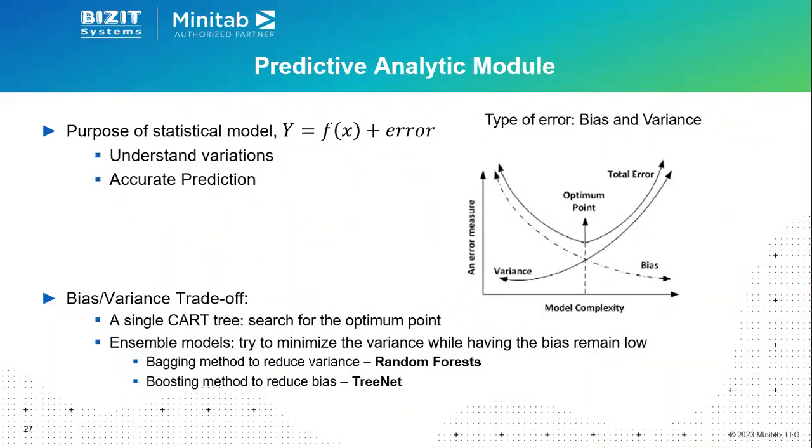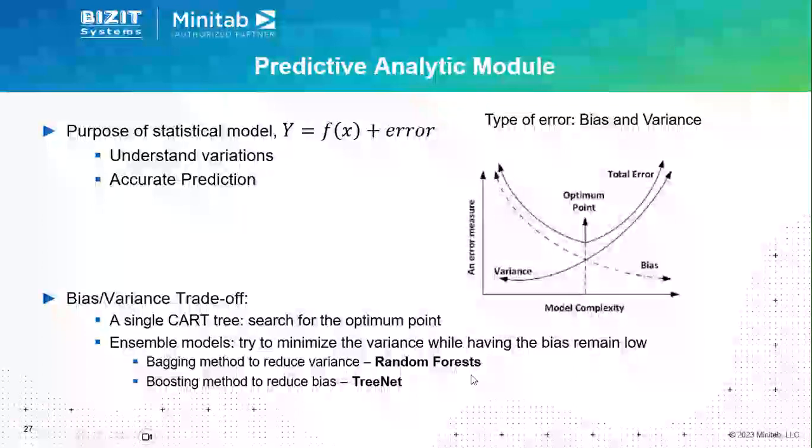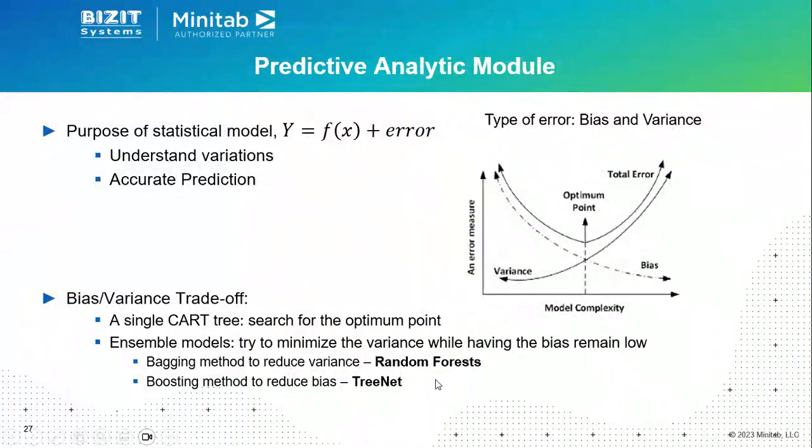So that's why they come up with what we call the ensemble model, to try to minimize the variance while keeping the bias low. It's a balance. We want to balance that model. So they came out with random forest and TreeNet. Those show that you need multiple trees, but with a different methodology to build the multiple trees.